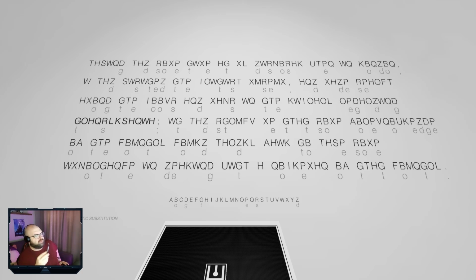So we've got the second one here. I'm assuming, because I ain't typing this whole thing out, it's the bold letters, that GOH QRLKSHQWH. I'm assuming that's the word we've got to translate, and we just use the rest to pick it out.